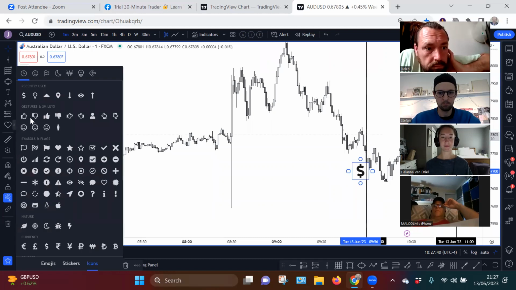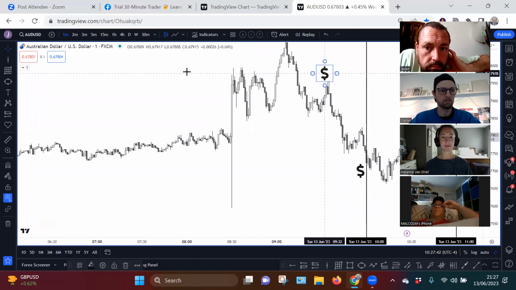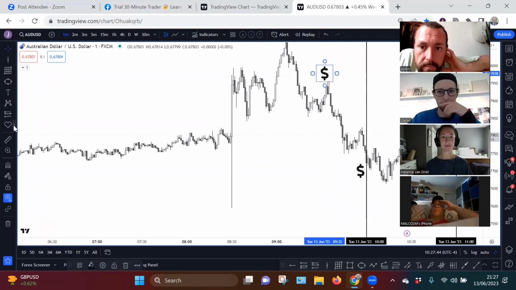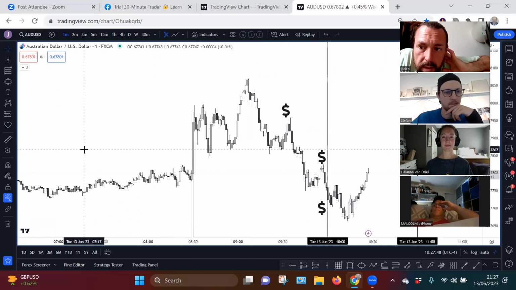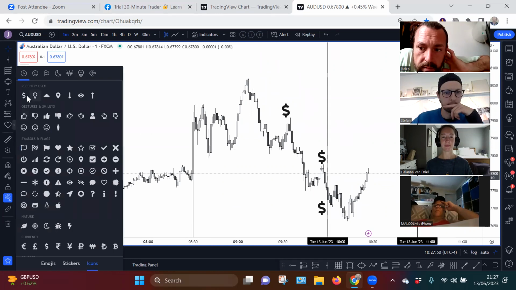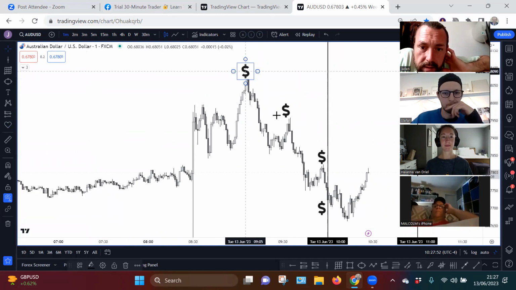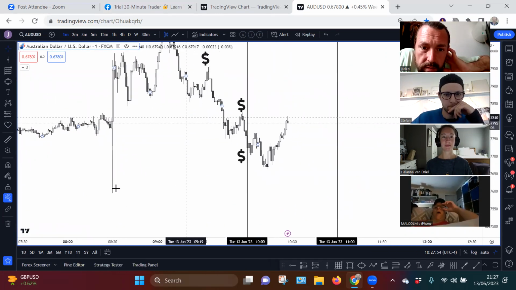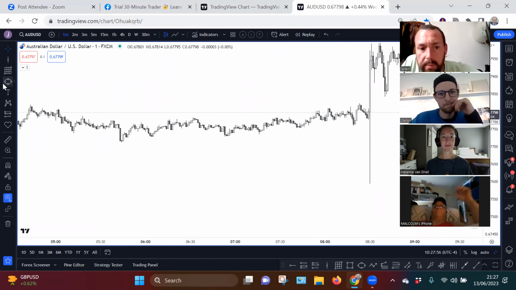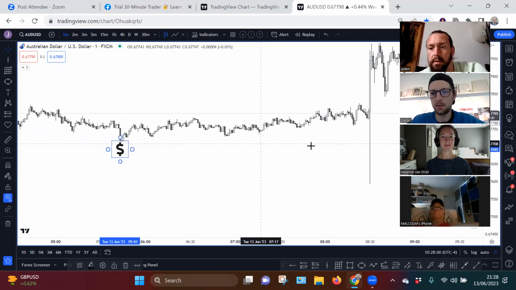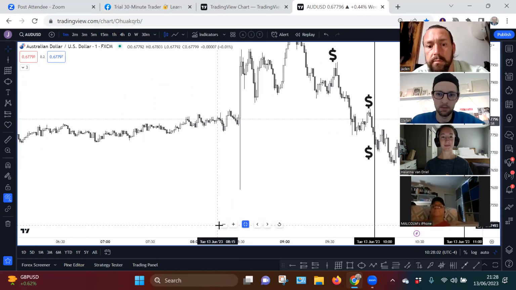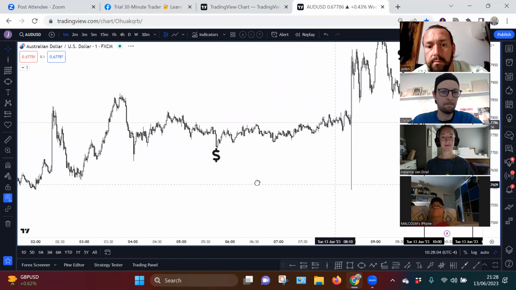Have you ever seen people draw that on the charts? Yeah. Okay, what does that represent? They're telling you that's where price needs to go, to snatch people's money. That's where liquidity sits, basically. That's the word I was looking for, liquidity.